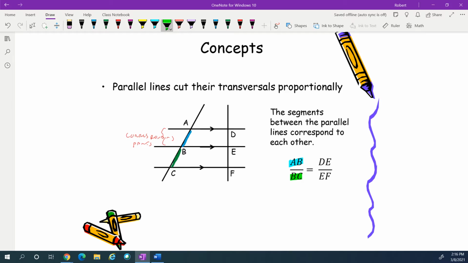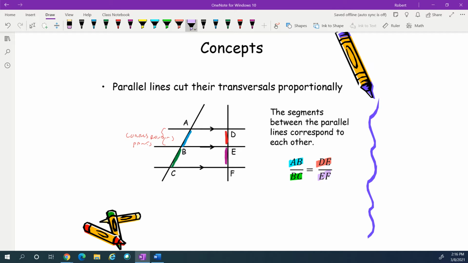And then from the other transversal, we can match that with DE over EF, top piece over the bottom piece. So again, this is all about corresponding parts, but instead of from two different triangles, it's from two different transversals.